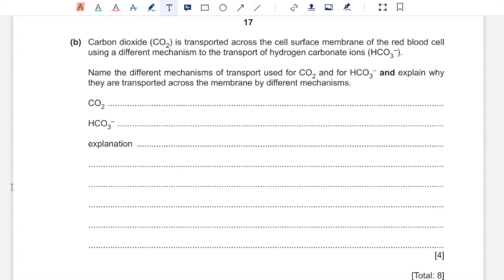Obviously, carbon dioxide is a non-polar molecule, so it is soluble in the hydrophobic core of the membrane, whereas hydrogen carbonate ions are polar, so they would require an aqueous channel provided by transport proteins in the cell surface membrane. So carbon dioxide moves by simple diffusion, whereas the ions move by facilitated diffusion.